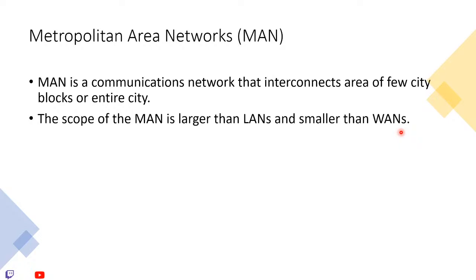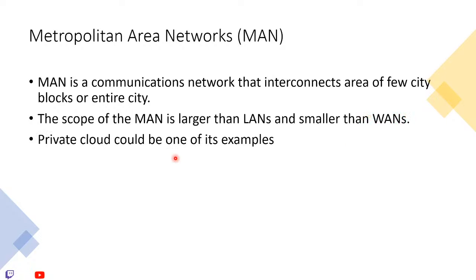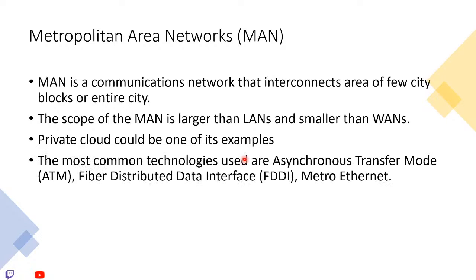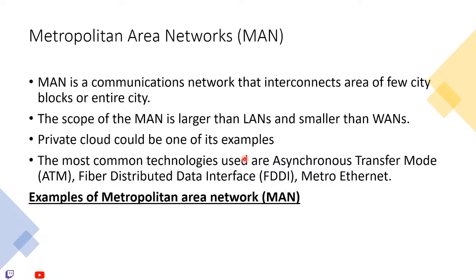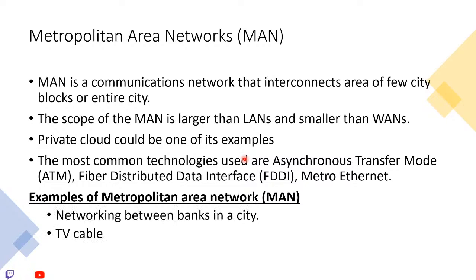So the metropolitan area network is smaller than the WAN, which is the wide area network. A private cloud could be one of its examples. The most used technologies are asynchronous transfer mode, which is ATM, fiber distributed data interface (FDDI), and metro Ethernet. Examples of metropolitan area networks are networking between banks in a city, cable TV.